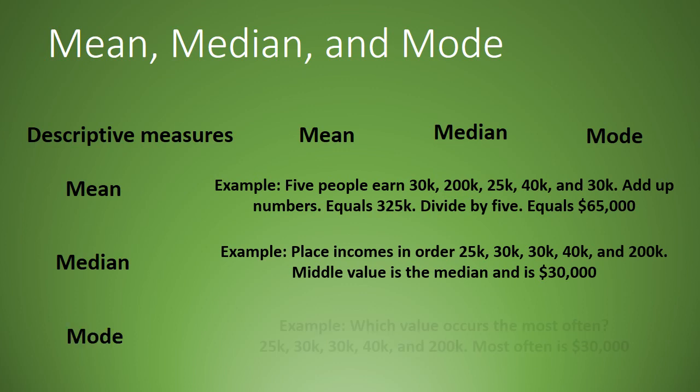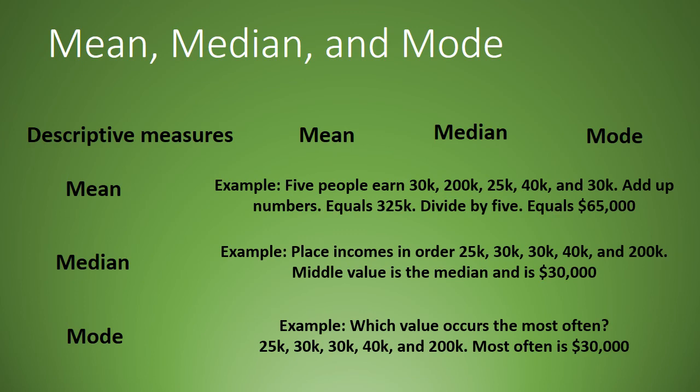Now the mode just means which number appears the most often. In this case, it is again $30,000 because it appears twice and each other number appears just once. So the mode is $30,000. Think about that. If the median and mode are $30,000, it is much less than the mean, which is $65,000. But all of these numbers are averages. I wonder why.